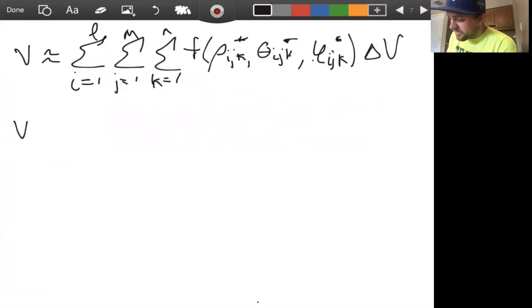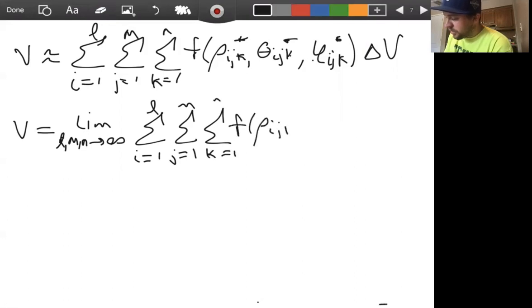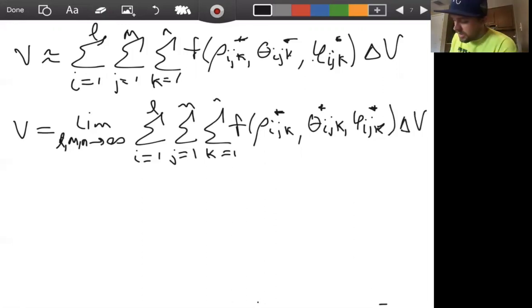And so that means the volume is exactly the limit as L, M, and N all approach infinity of this triple sum, i goes from 1 to L, j goes from 1 to M, k goes from 1 to N of f of our test points, ijk star, times delta V.